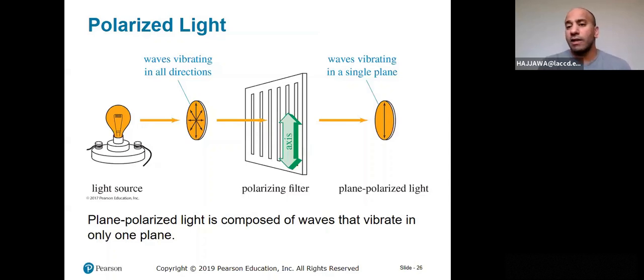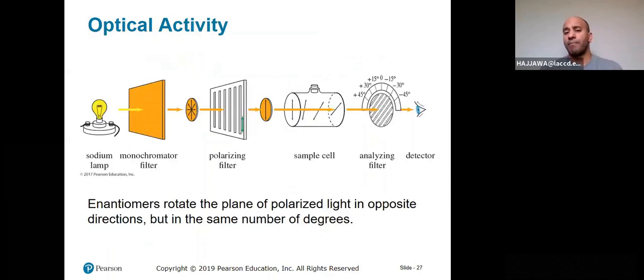The plane polarized light, as I mentioned earlier, is measured with a machine called a polarimeter, and this polarimeter has a sample injection spot. We inject the sample in it, and we wait for the optical activity to be reported. The amount of rotation will always be presented in a degree angle of that plane polarized light, how much it got rotated.